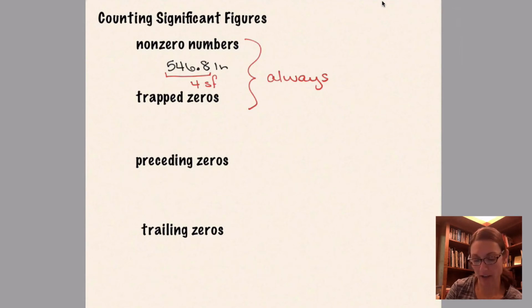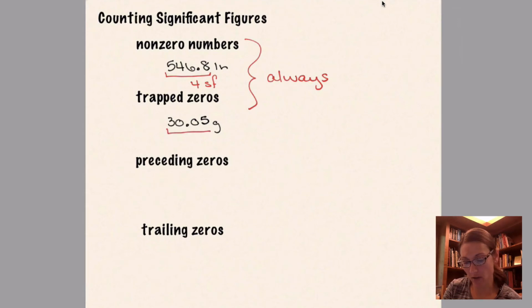If you were to have a number like 30.05 grams, the zeros in the middle here are trapped, and so this also has 4 significant figures because those numbers are always going to be significant.